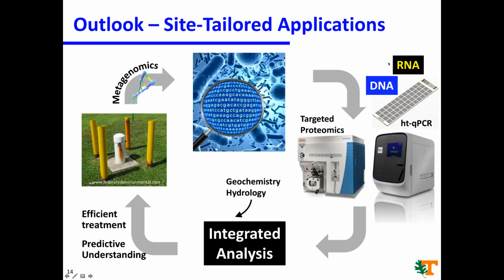And now, since you know what genes are present, you can apply a targeted proteomics approach that is not biased by allelic variations, because you know exactly what type of VCRA or any other reductive dehalogenase protein is potentially expressed or present at your site. So then there's no bias.